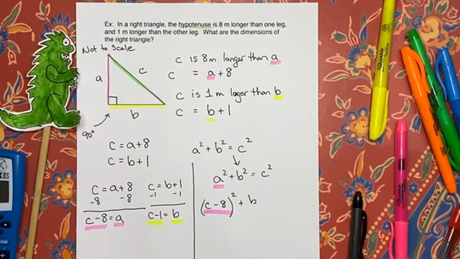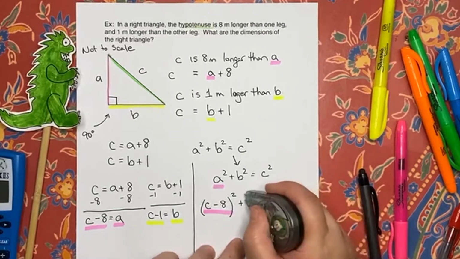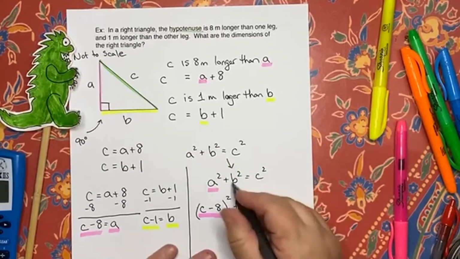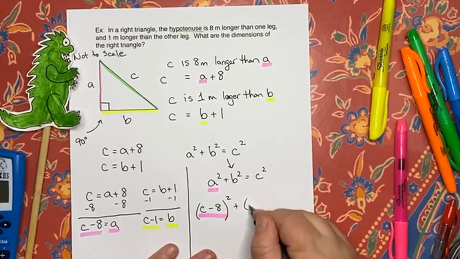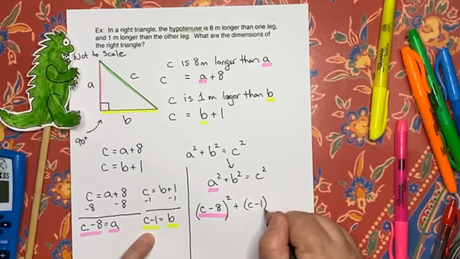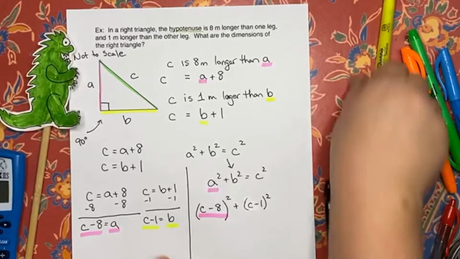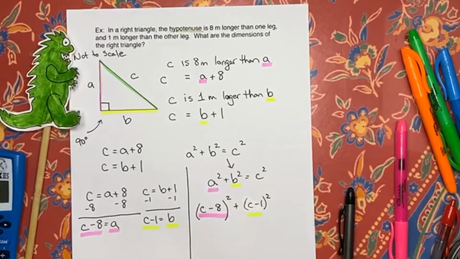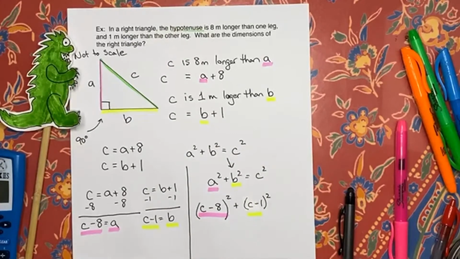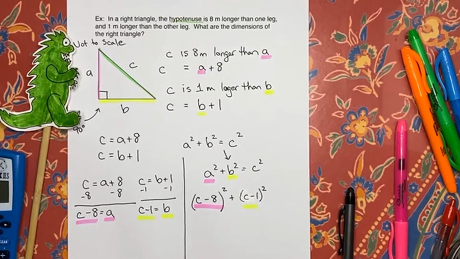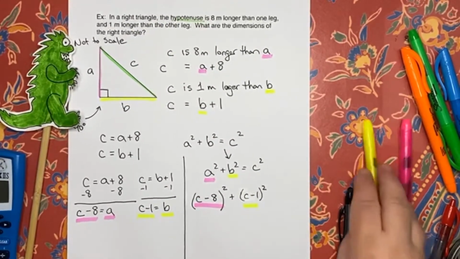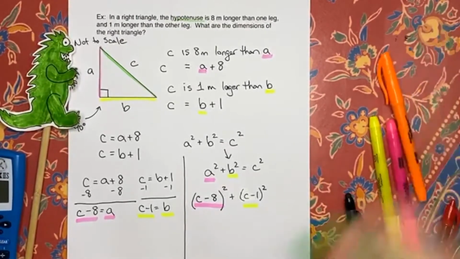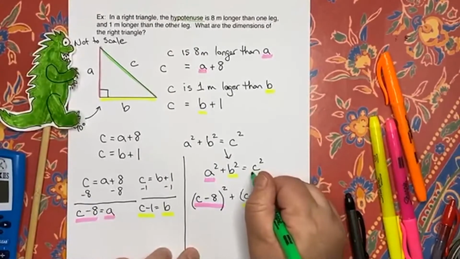Sorry, I got so excited about my B that I forgot I'm substituting. This is a substitution problem. Instead of B squared, I could write C minus 1, the quantity squared. We're using substitution, so we're kind of doing a system of equations, but not officially. I didn't write it out as a system of equations, but this is a system of equations. And then I've got the C squared.